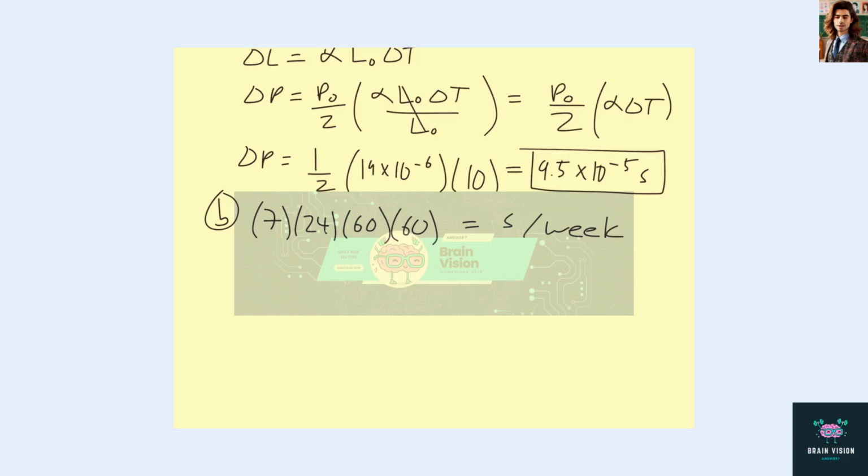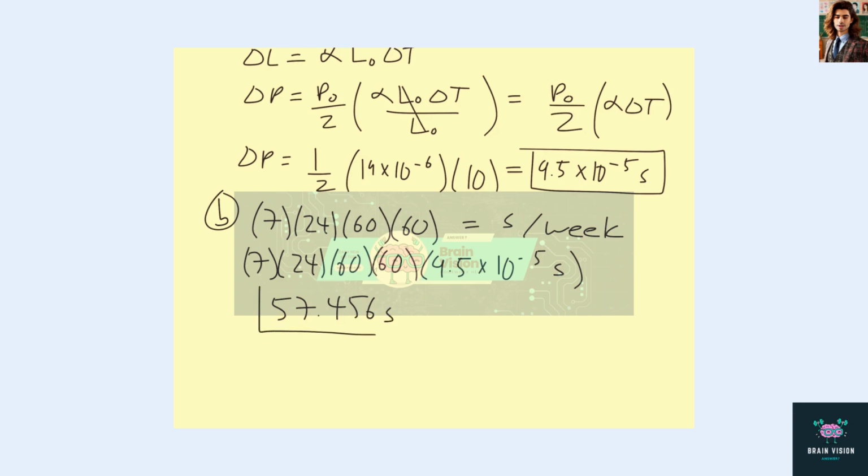But we can take this value, 7 times 24 times 60 times 60, and multiply that by our change in period, which is 9.5 times 10 to the negative 5 seconds, and get that we lose 57.456 seconds.